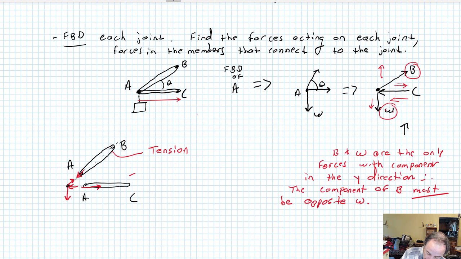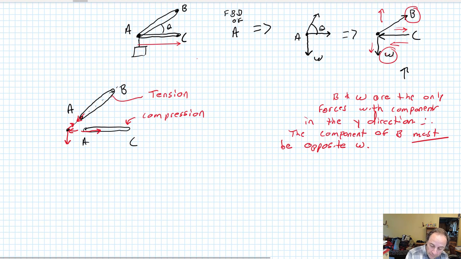And this one has got to be in compression. Right. In real life, loads can shift, so members may switch from tension to compression, unless, of course, it's a chain or a rope or something like that.